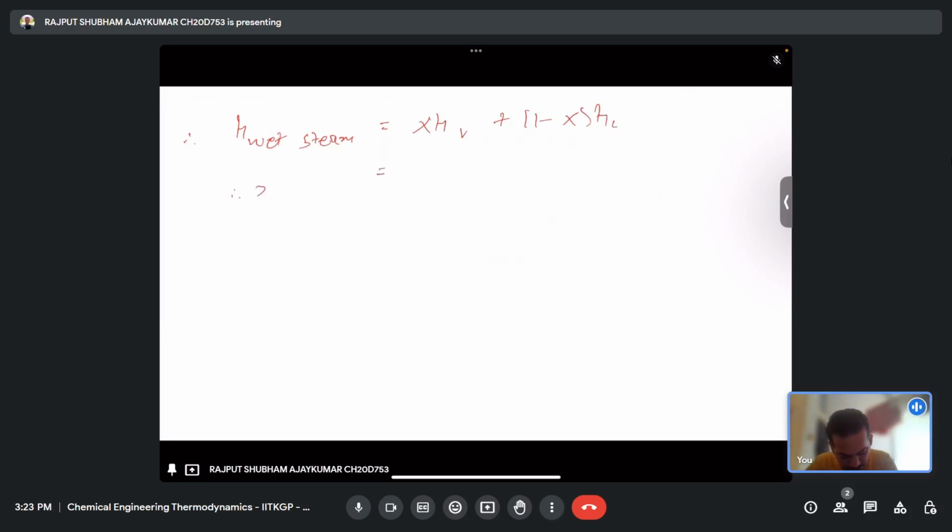Therefore, 2691.2 is equal to x, we don't know the fraction, but we know that HV is given as 2747.5, plus 1 minus x times HL, which is given to us as 640.1.